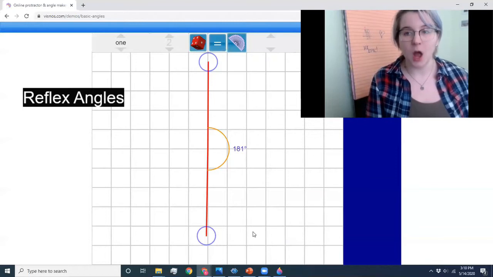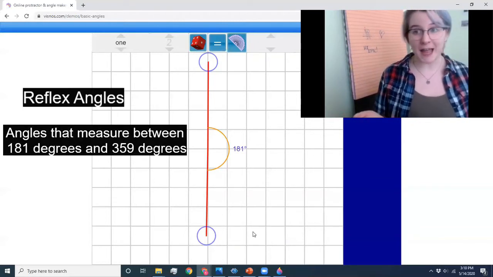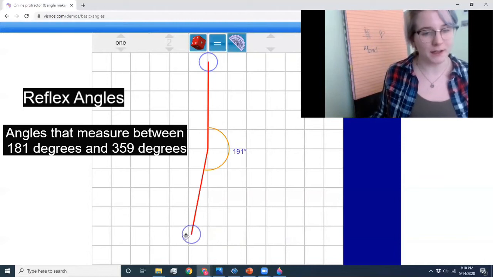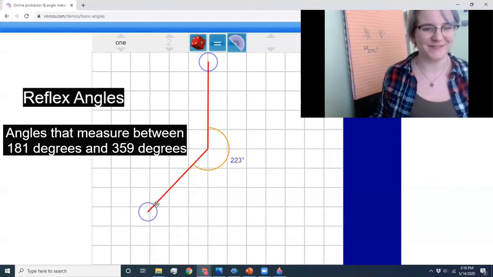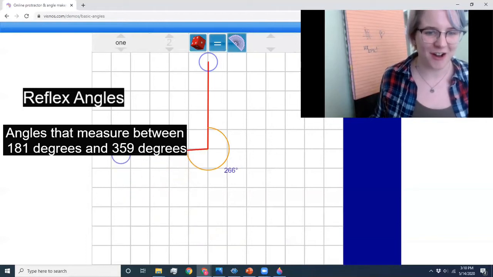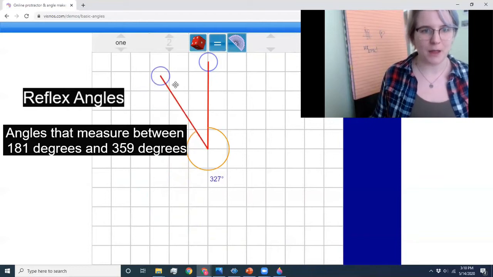Reflex angles are more than 180 degrees and less than 360 degrees. Let's take a look at some more reflex angles. Yep. Every single one of these angles, all of these numbers, these are all reflex angles.